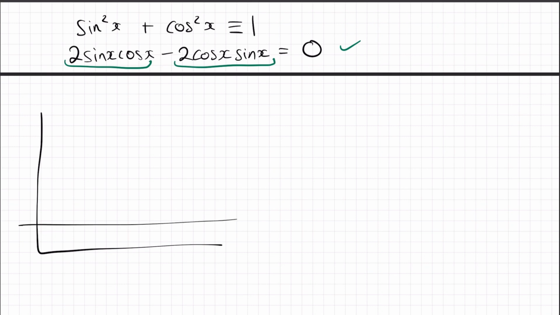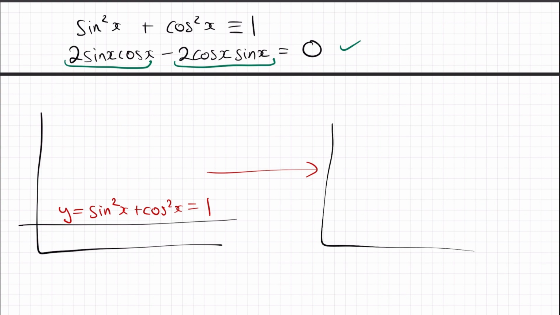Since these are equal for all values of x, when you take the derivative of both sides, it's going to give out the same answer. So that's actually just going to be 0. So here we go.